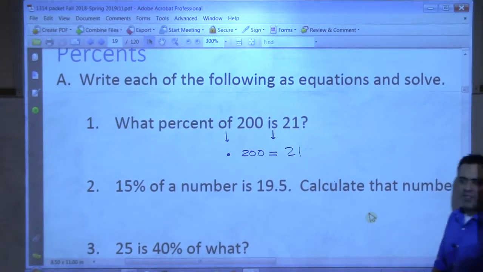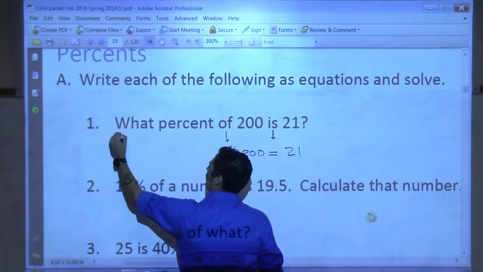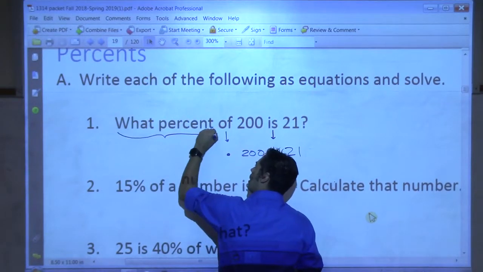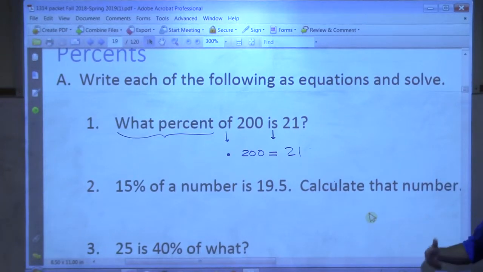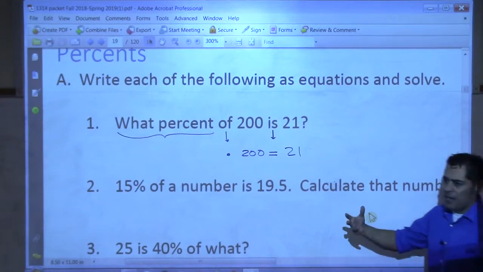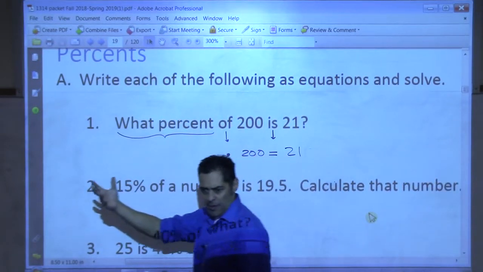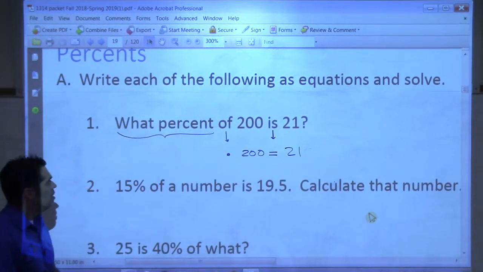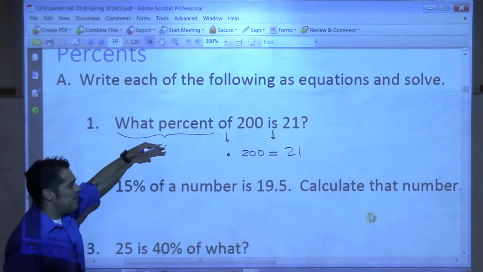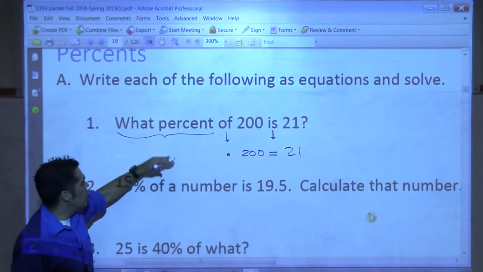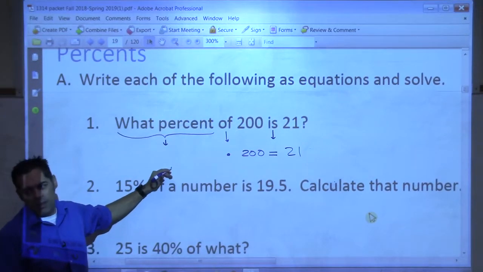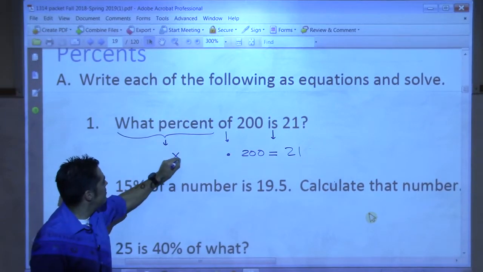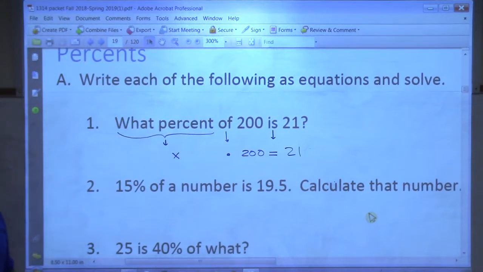Now, "what percent" is the thing I'm trying to find, right? So when it says what percent of 200 is 21, then the "what percent" is what we're searching for, yes? Okay, so if this is the thing we don't know, then what are we going to call it down here? X, or anything really we want. I'm going to call it X. All right?